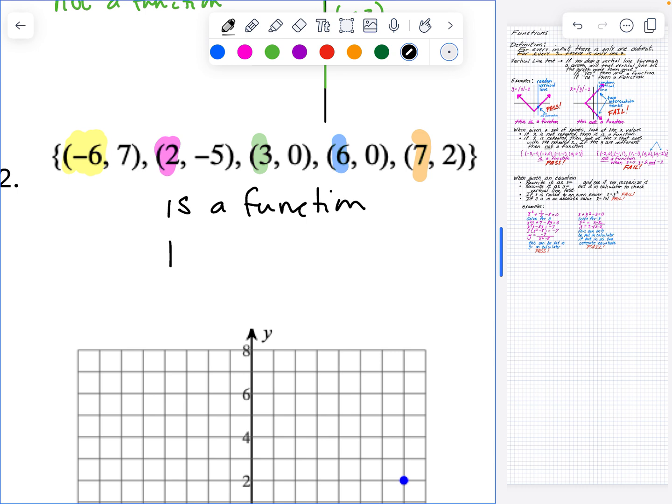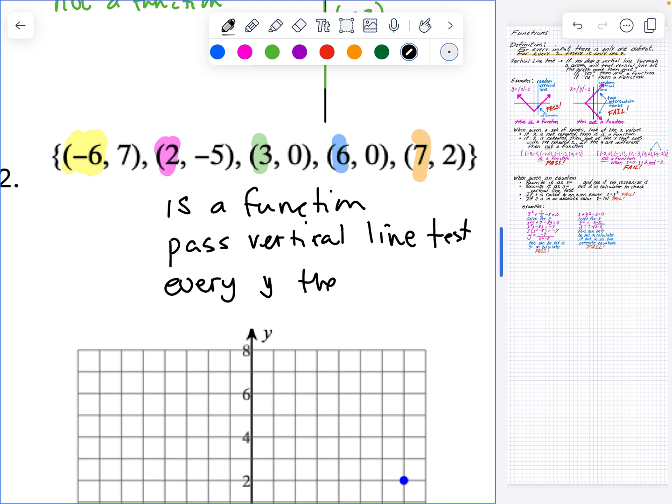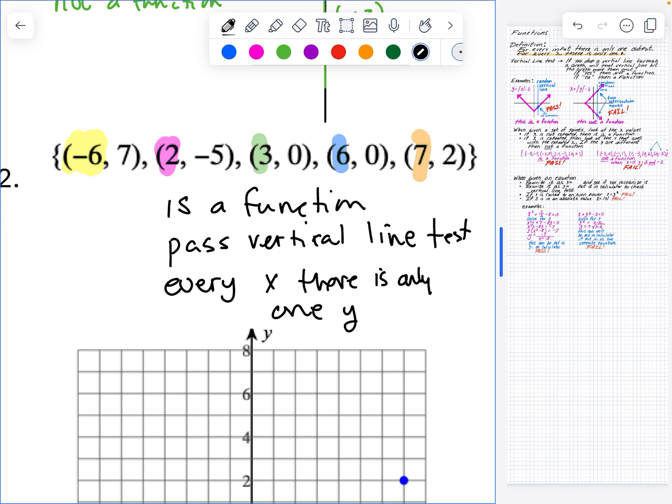It would pass the vertical line test. For every x, there is only one y.